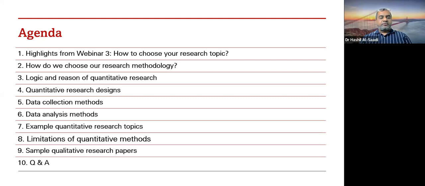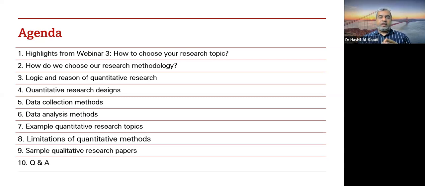And then number 7, we'll have example quantitative research topics. We'll see the kind of topics that quantitative research is usually concerned with. And then we'll talk about some of the limitations of quantitative methods. And then we'll look at a sample, published paper. And then we'll open the floor for questions and discussions.